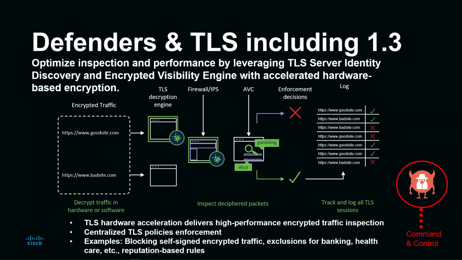Some examples include blocking self-signed encrypted traffic, or excluding banking and healthcare because the policy in the organization says that information should remain secure. But do that based on reputation-based rules, right? Make sure that if you're going to a banking site, it has a high level of reputation as well. And if the adversary is trying to spoof or change that, those earlier capabilities, as I mentioned, may also mitigate that risk.